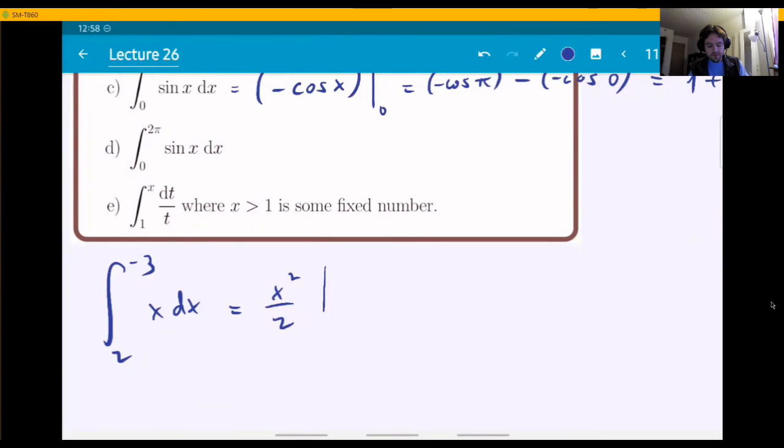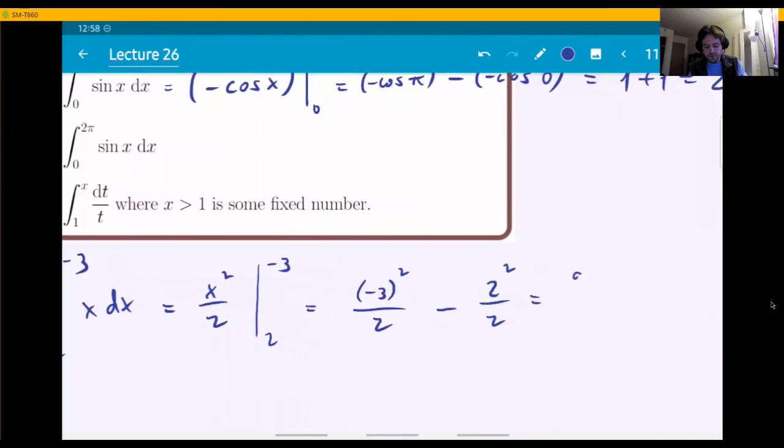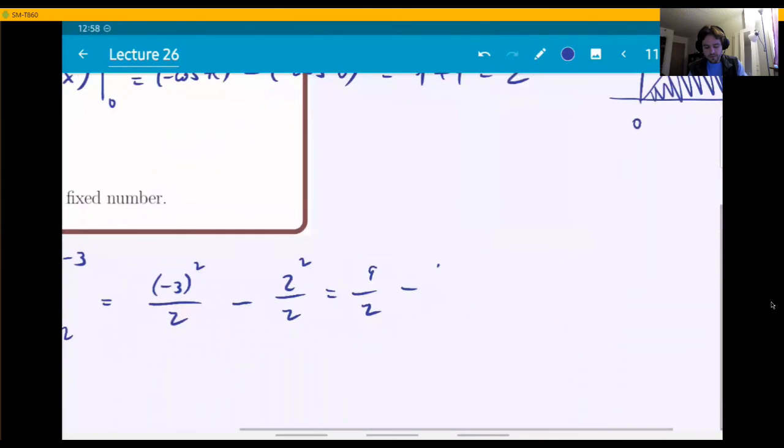And evaluate it between the numbers 2 and minus 3. So that means evaluate it at the number 2 and then subtract at the number minus 3.